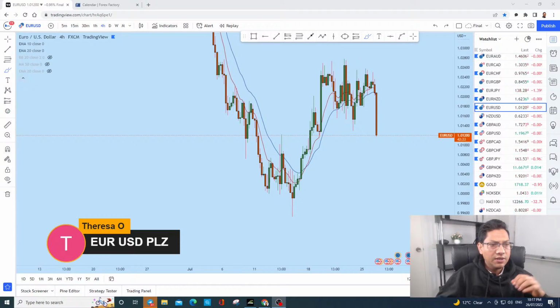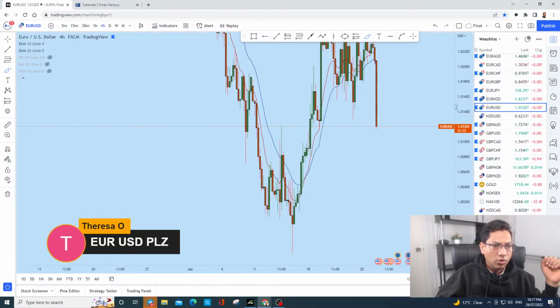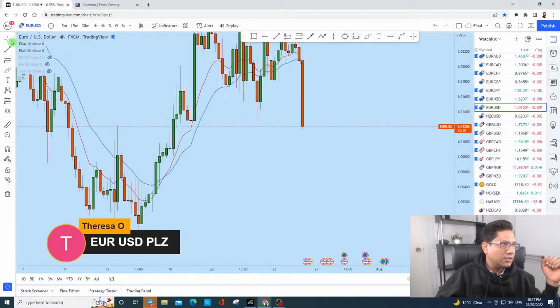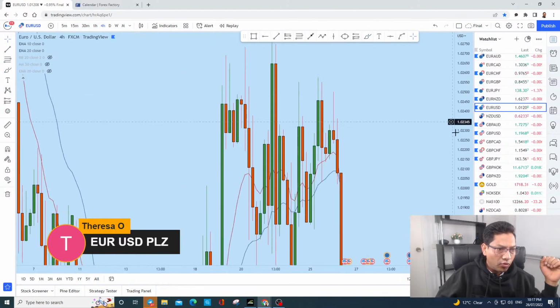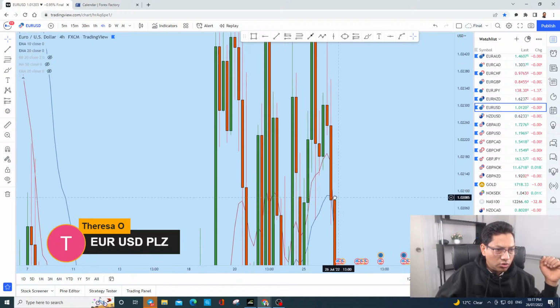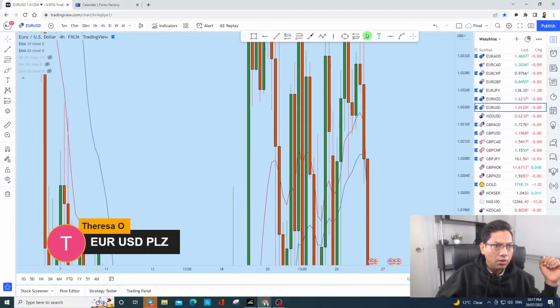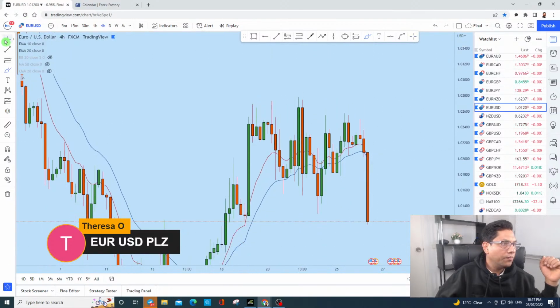And if you look at this current 4-hour candle, there is no wick at the top at all. So that could be an opportunity to sell, but not now.